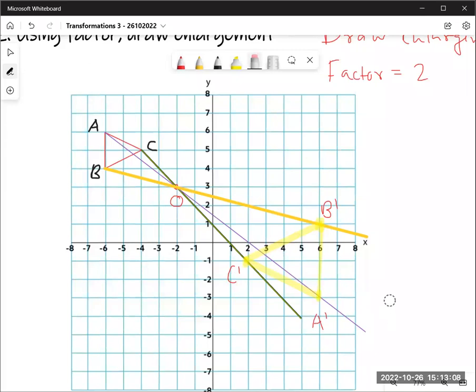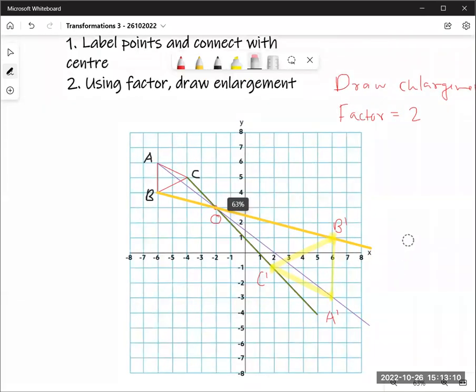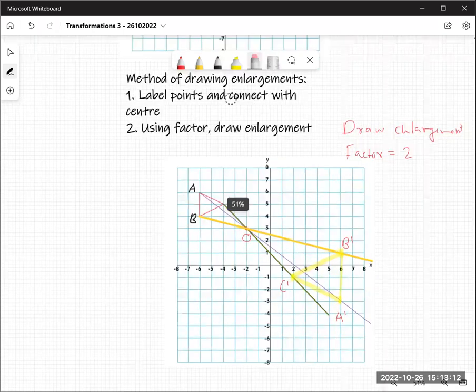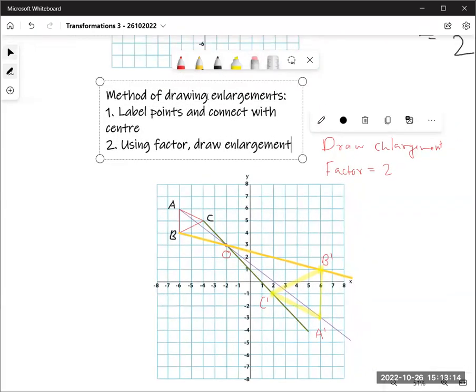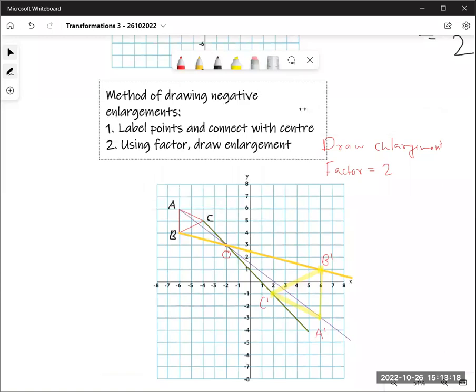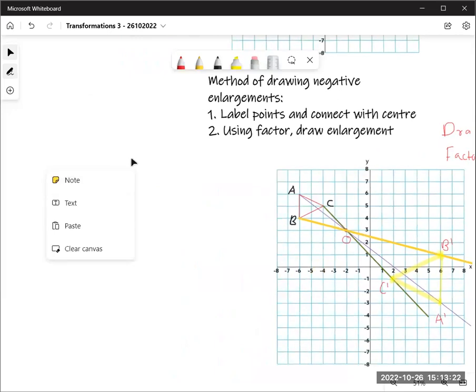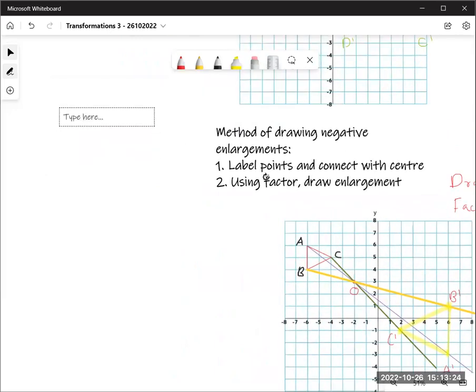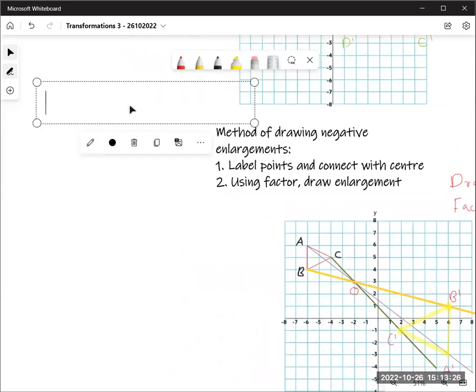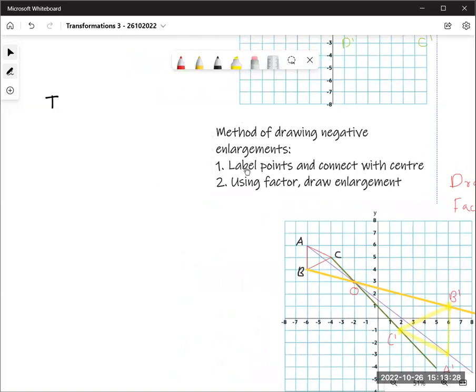So was this a reflection and an enlargement or just an enlargement? It's not a reflection, just an enlargement. Write in your notebook the words negative enlargement here. And before you write that, write these types of enlargements just above this.